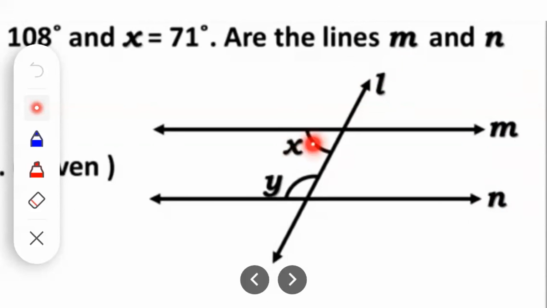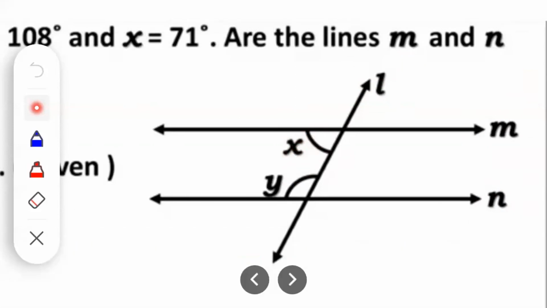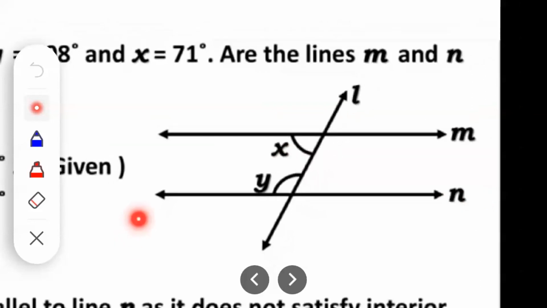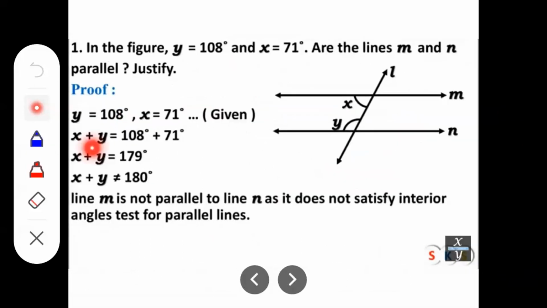So let's put the value for each one and do the addition. If that will be 180 degrees, the given lines are parallel. And if that will not be 180 degrees, then the lines are not parallel. So let's write it.